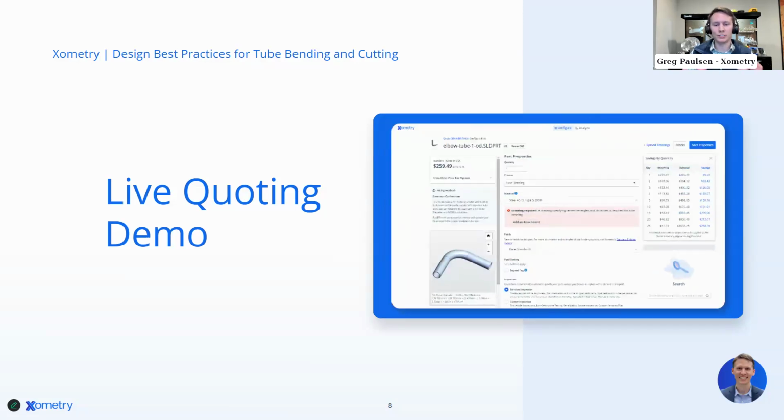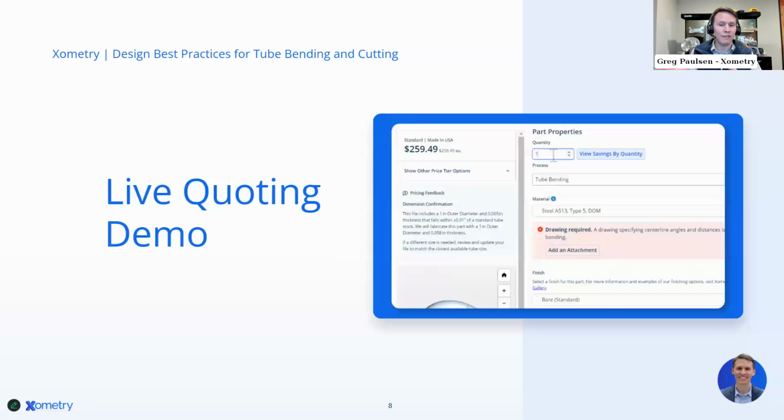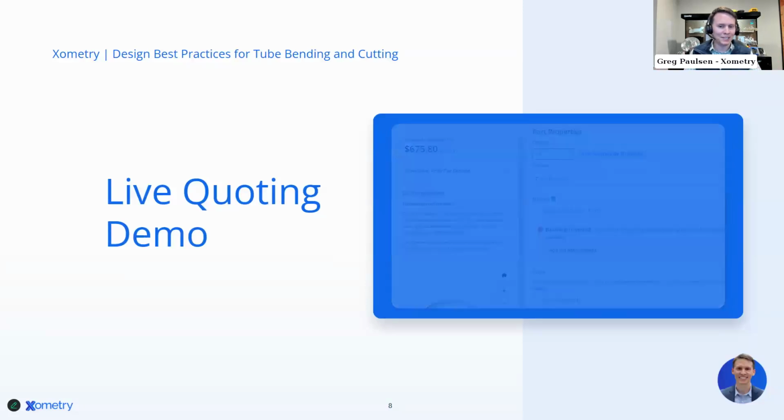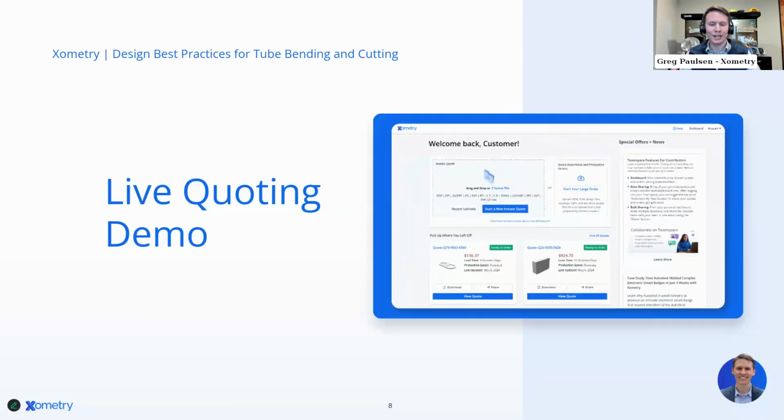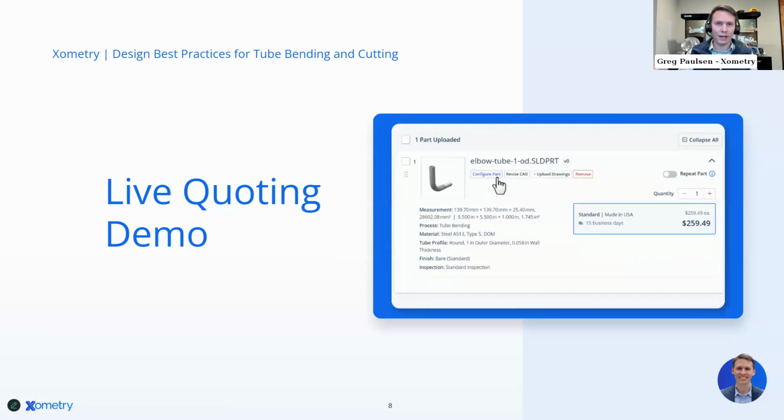We're really excited about this launch. This is the newest technology vertical that we've added to Xometry's platform. There are nuances, and a lot of these we're going to go over today with these design rules and principles. When you think about tube manufacturing design, there are nuances that we want to address upfront to prevent downstream issues in the manufacturing cycle.